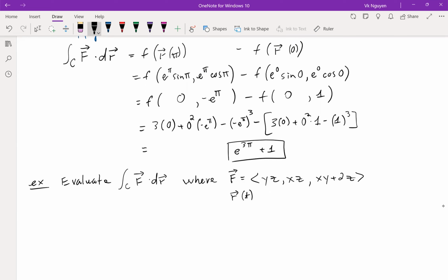No, I'm not going to parameterize it for you guys. C is a line segment from (1, 0, -2) to (4, 6, 3).